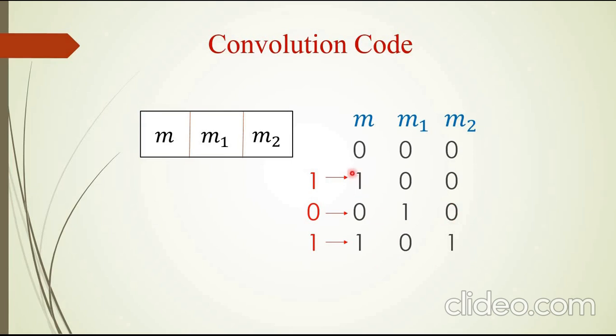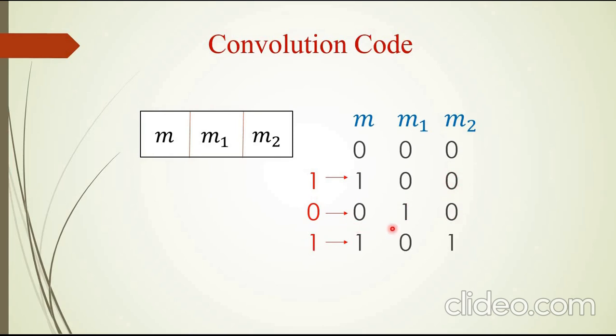So first of all, initially all message bits are 0, and if I give one bit, message bit 1, it will come here and the others will be 0 0. If I send the next bit, 0, then this 1 will shift here and 0 will shift here, and the 0 over here will get discarded.